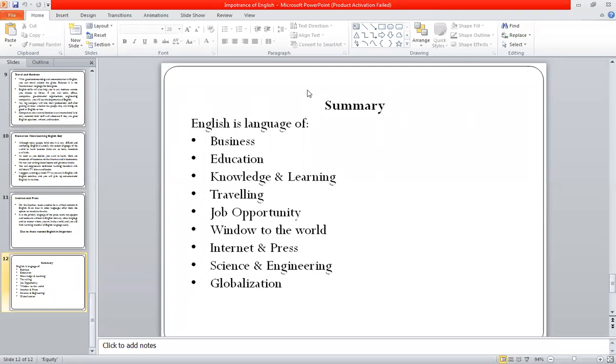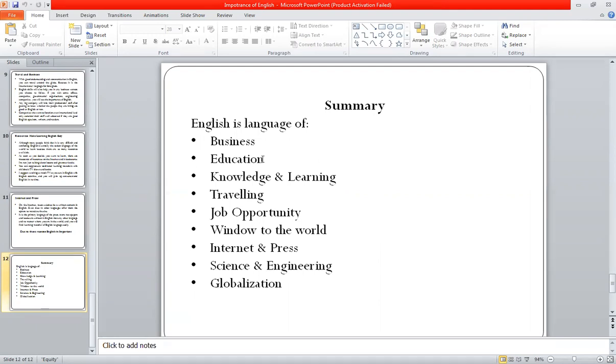We have studied in this chapter that English is the language of business. Whatever business is going on all over the world happens with this English language only. Then education is one of the important aspects of this language.